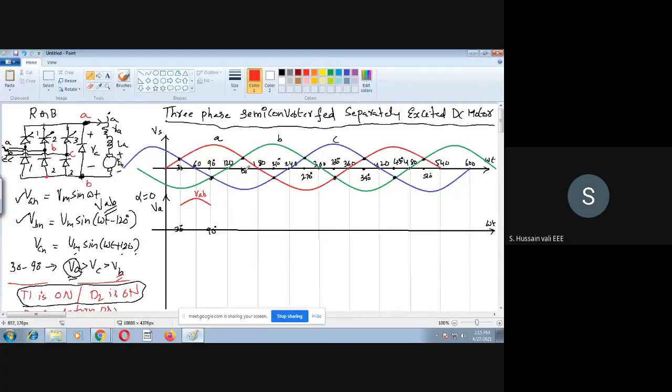Similarly, from 90 to 150, the highest is A and the lowest is C. So this time you will get VAC.